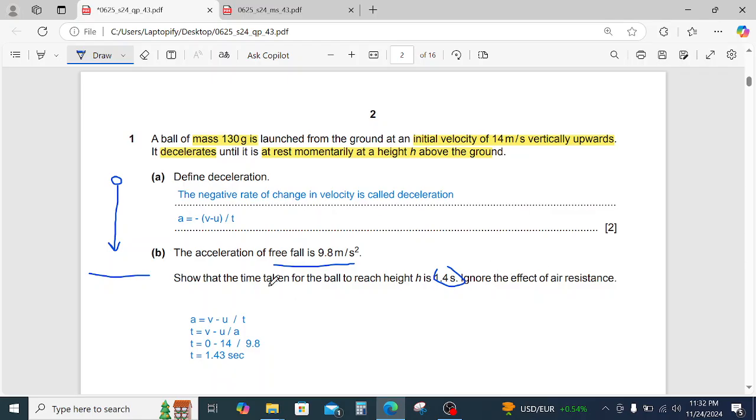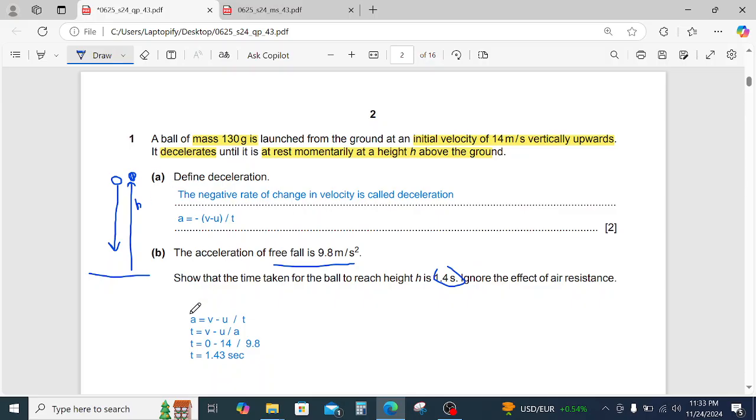It means the question is that when you are launching an object vertically upward, suppose this is your height h, and it reaches it after 1.4 seconds. You have to show that the time is 1.4 seconds when the body reaches height h.